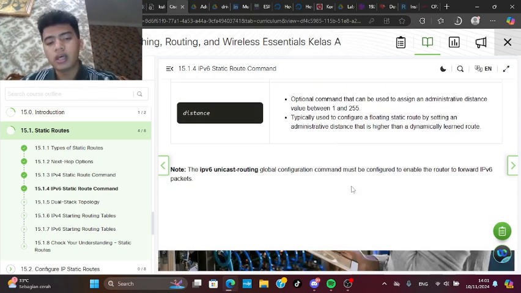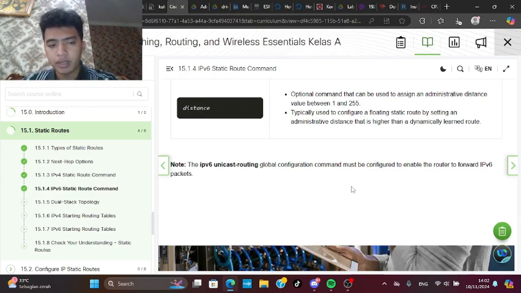Okay, there is a note for the IP version 6 unicast routing global configuration command. It must be configured to enable the router to forward IP version 6 packets.